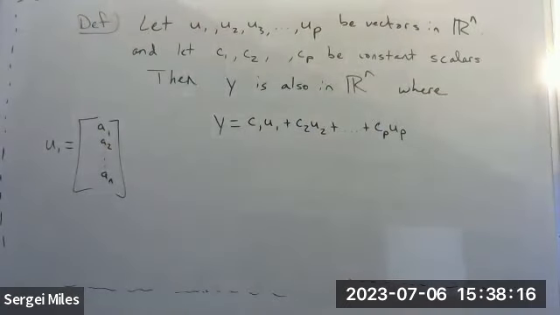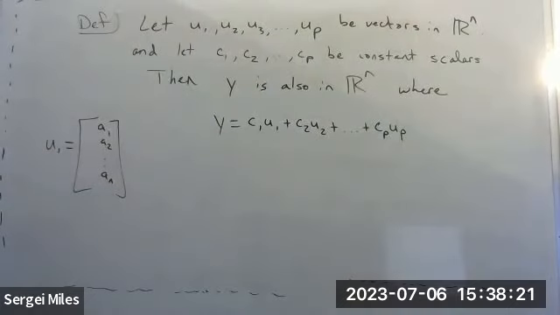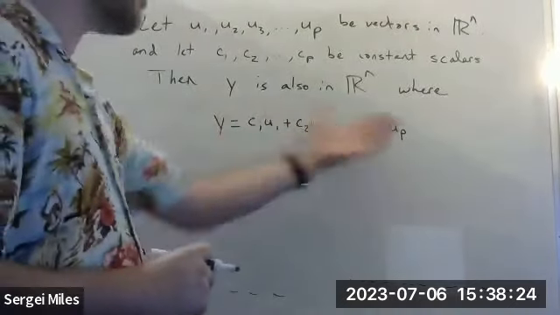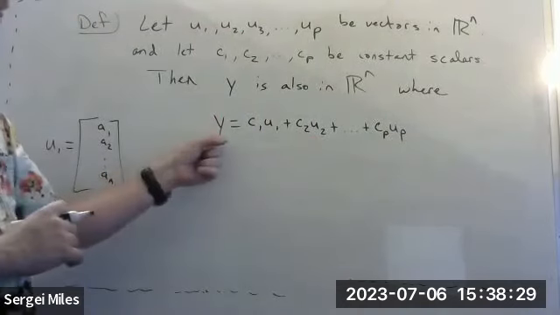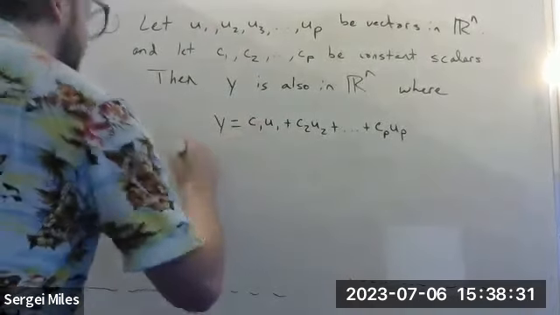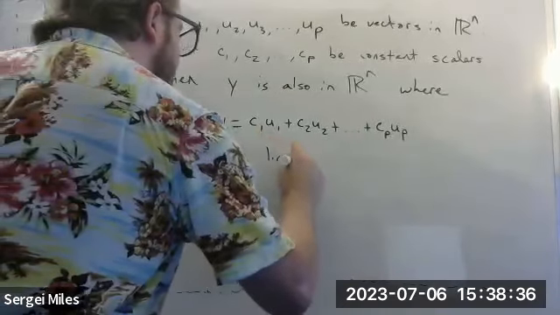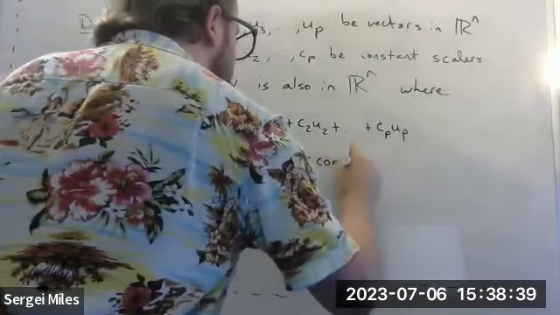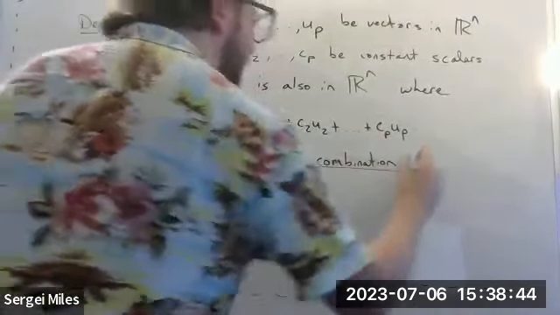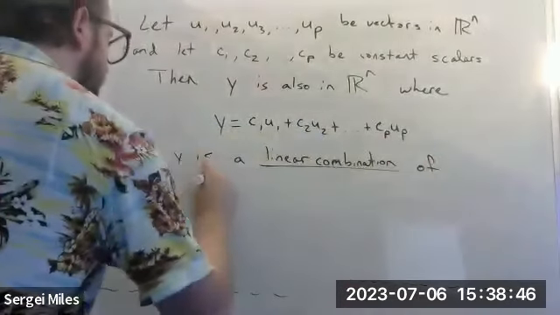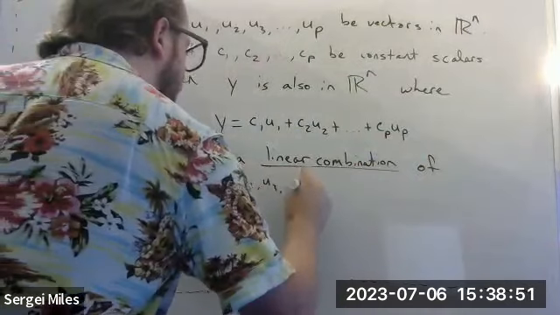So I'm taking a linear combination of these vectors, u1 through up. I'm adding them together with some scalars. Who knows what these scalars are? But when I scale them and add them together, I can get some new vector y. So y is a linear combination of u1, u2, u3, through up.